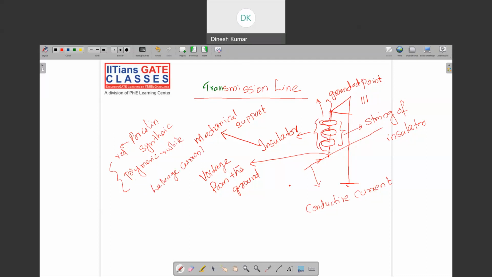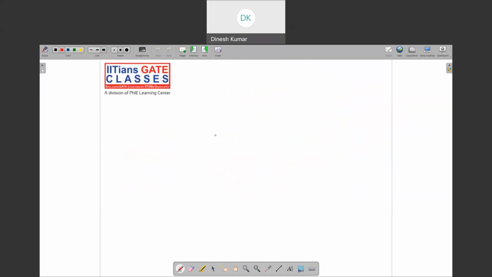If I draw the surface of the insulator like this, assume this is the surface of the insulator. I will draw it in another color.